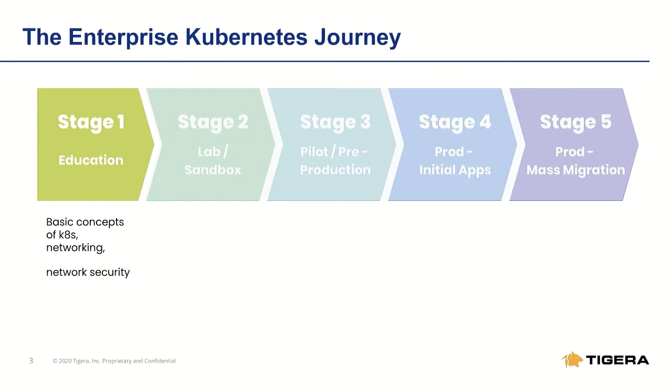And so learning the basic concepts of Kubernetes and looking into some of the foundations of networking, storage, network security. And in this stage, generally what is happening is that you're determining whether or not Kubernetes is a fit for you and whether it's something that you'd like to spend any more time learning about. And if Kubernetes is a fit for you, generally we move into stage 2.